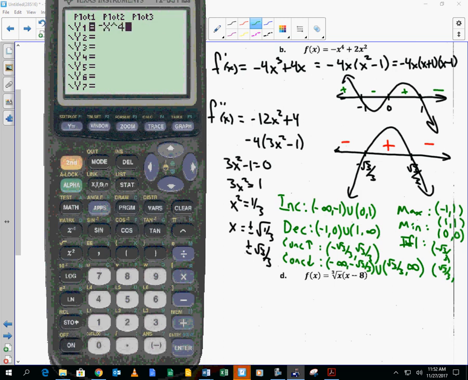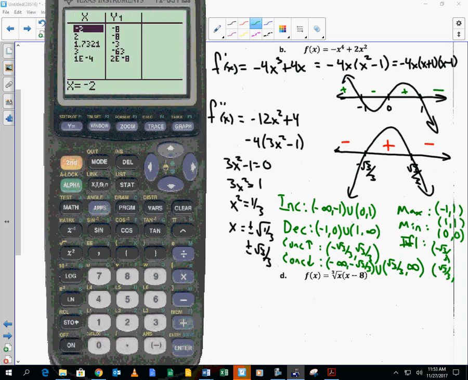Negative x to the fourth plus 2x squared. If I go into my table, type in root of 3 divided by 3, I get 0.56, and you'll get the same one over here. Two max, one min, two inflection.